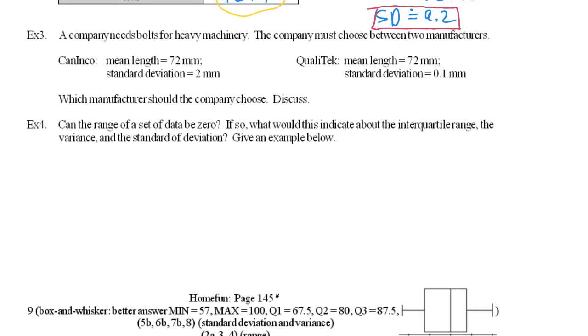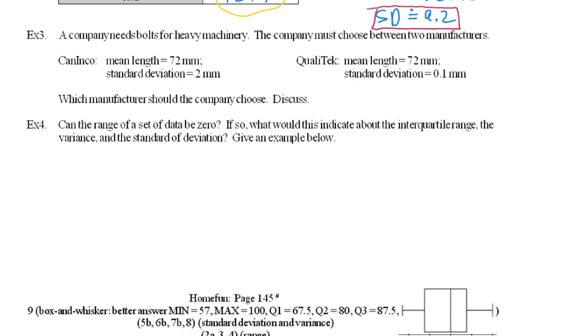All right. So this company needs bolts. Okay. For a heavy machinery company. The company must choose between two manufacturers, Clanco and Qualitech. Which one is the better one? So let me explain to you how the standard deviation works with respect to this.